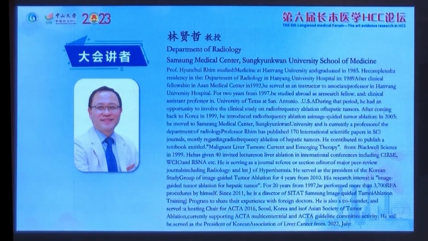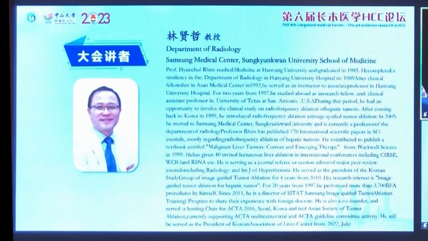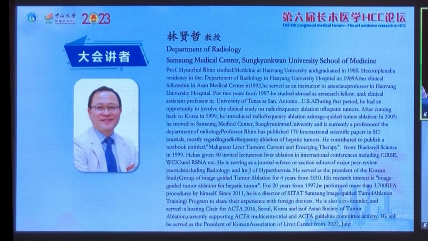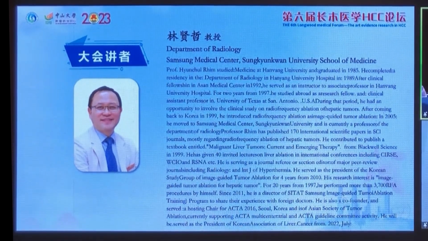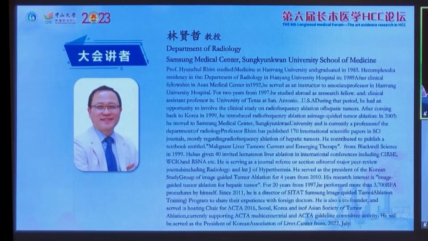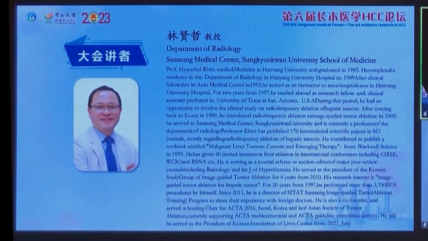Like plan, accurate, then in his 7 tips and tricks, including understanding the index tumor, defining the target thickness, deciding energy and applicator, accurate insertion, and immediate imaging evaluation post-ablation, are also very important for achieving a good ablation margin.